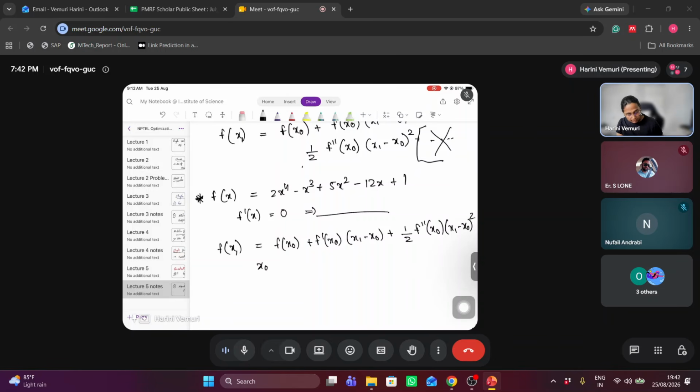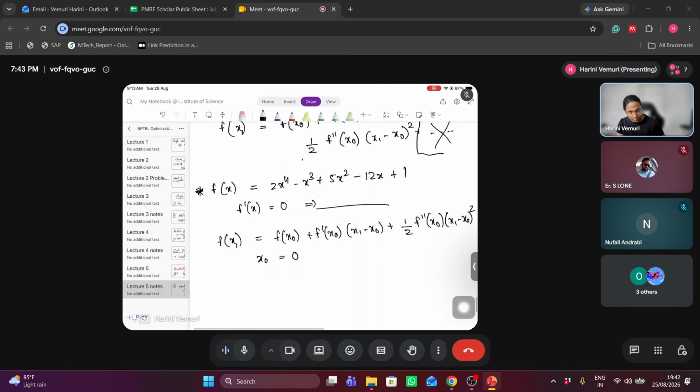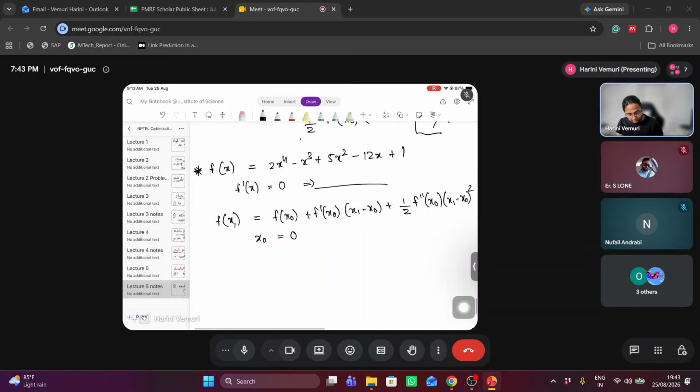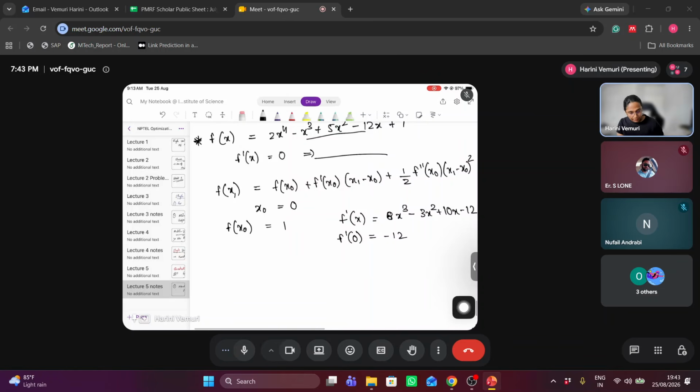In this case, let's start with x naught equal to 0. Then f of x naught will be 1. I'm just substituting the f of 0 value in this function. F dash of x will be 8x cube minus 3x square plus 10x minus 12, and f dash of 0 value is minus 12.